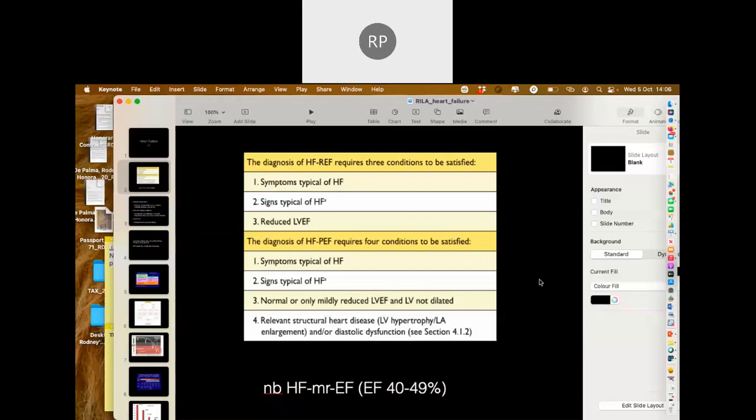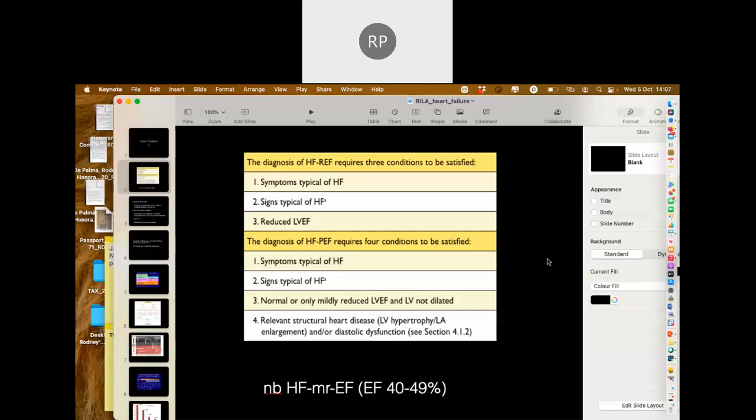Okay. So just to recap, because I'm not sure when people lost audio, there are two phenotypic types of heart failure. One is heart failure with reduced ejection fraction, referred to as HFrEF, and one is heart failure with preserved ejection fraction, referred to as HFpEF.